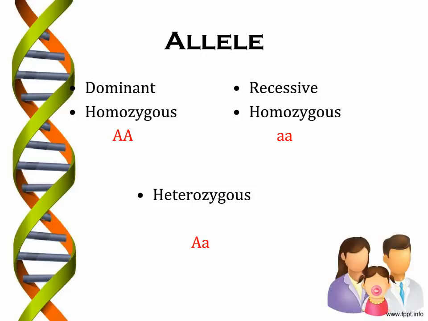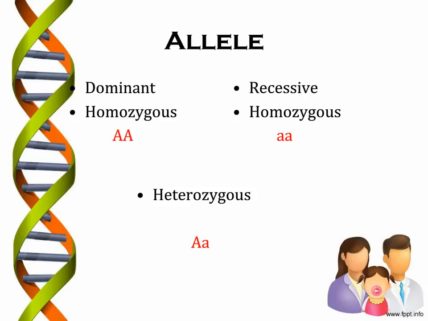You will usually see something that's homozygous dominant, big A, or whatever letter you're looking at. And if you're looking at recessive, you look at little a, little a. And if you have heterozygous, you'll have big A and then little a.